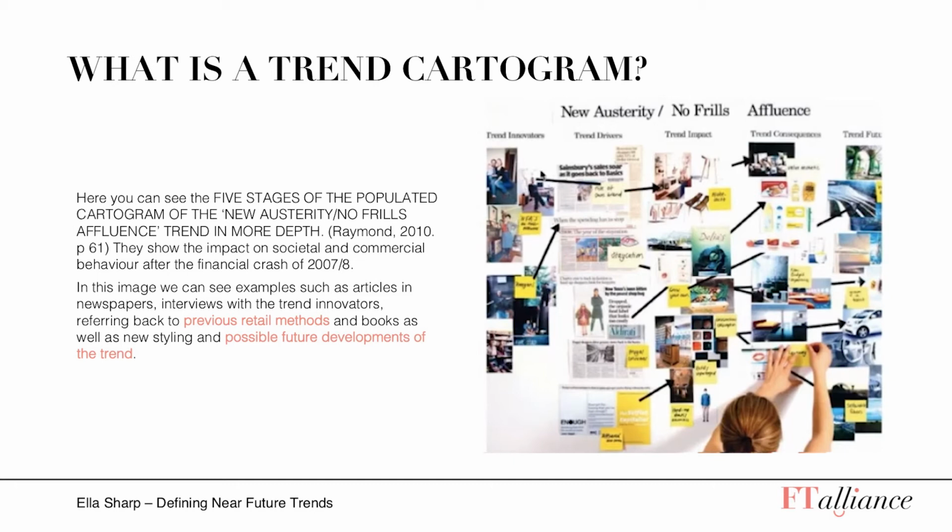So we've got the first group of the trend innovators going on to the drivers, then going on to the types of products that they're buying for their houses. This leads on to what they will be buying. And likewise, you can see that we've got the staycation leading to Delia's frugal food. We've got boxes here. We've got the evidence of zero packaging shops.